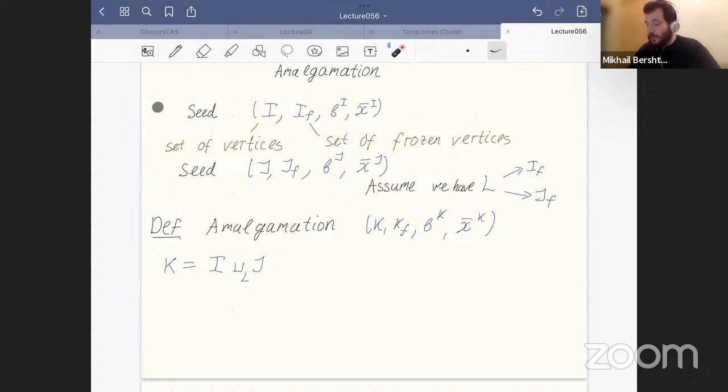So for any element of L, which corresponds to two vertices, one frozen in the first seed, another frozen in the second seed, I glue the corresponding vertices. Of course, similarly I do with the frozen part.